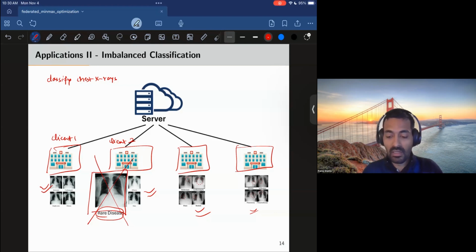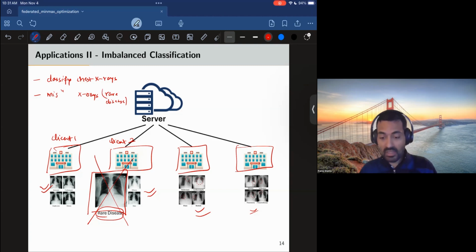In this case, you have two tasks. The first is that you do want to classify as many chest X-rays accurately as possible, but you have another task, that you don't want to misclassify X-rays for rare diseases, because if you misdiagnose a patient, this can have very bad consequences. This is especially important in this application.